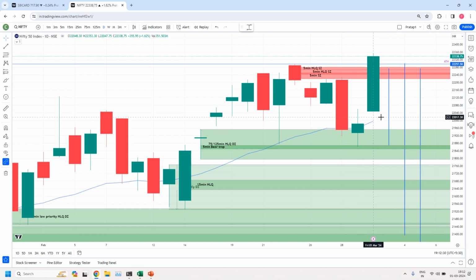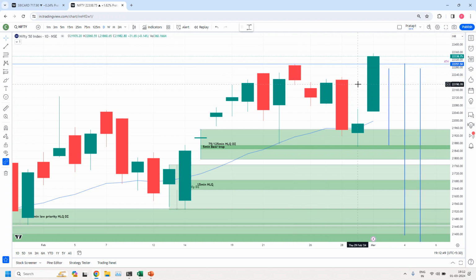Not only that, now we have seen Nifty has created a new zone, a daily demand zone, drop, base, rally. Nifty reached the all-time high by violating all these small 5 minutes high liquidity zones. So now we have to delete these 5 minutes high liquidity zones. Their lifetime is over.